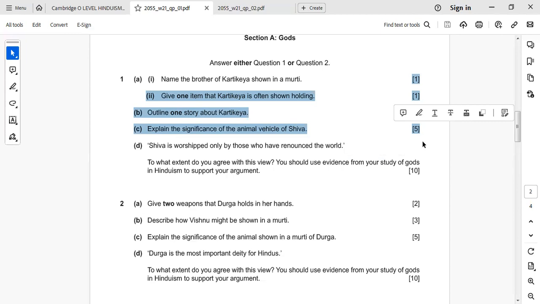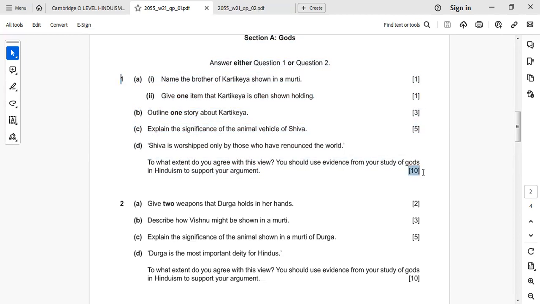I'm not saying that if you don't get total marks, it's bad. Of course, you should aim for that. But it may happen you lose 1 mark, 2 marks, or 3 marks for whatever reason. You need to maximize your marks here, for you to get good results, of course.